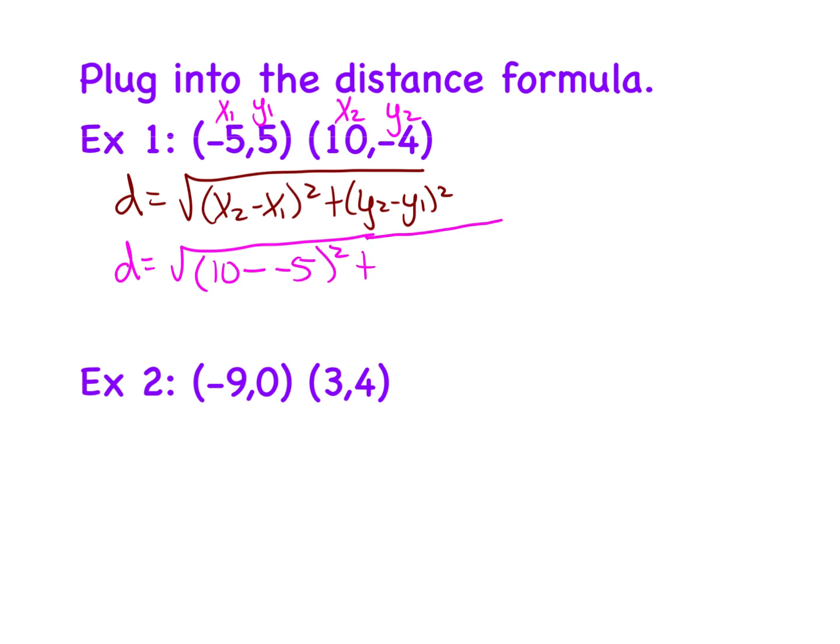Make sure you keep the square root over the whole thing. y2, go up here, y2 is -4. Bring that minus down. And then plug in for y1, and y1 we said was 5, squared. Okay. So we plugged it in.